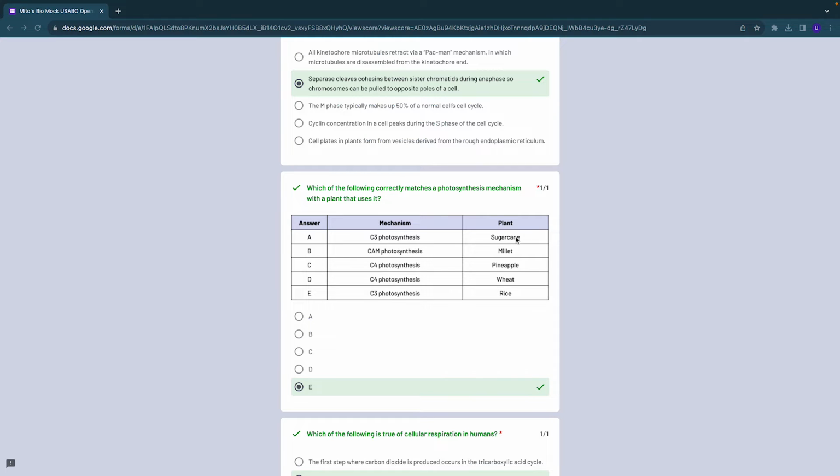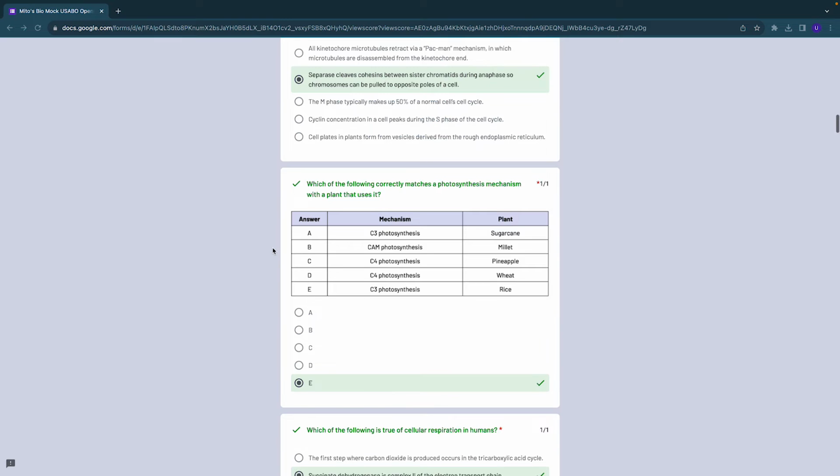CAM photosynthesis is used by your stereotypical desert plants. Pineapple uses CAM photosynthesis, so it doesn't use C4. Wheat doesn't use C4, it uses C3. And rice does indeed use C3 photosynthesis. So this is discussed in the photosynthesis lesson if you'd like to go back and review.